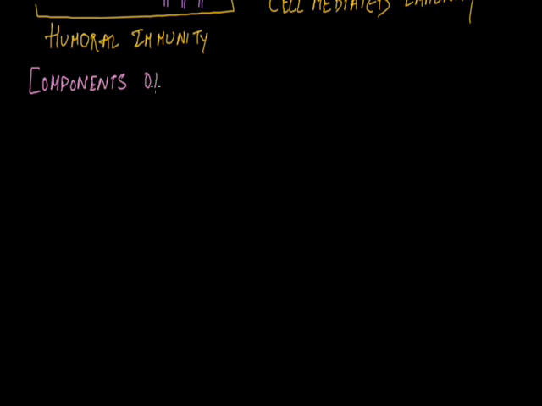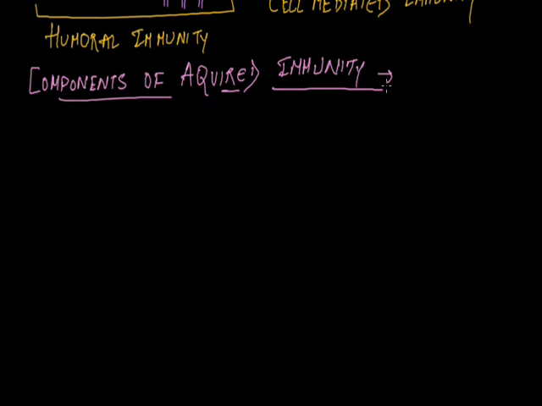Now we'll discuss one by one the next topic, components of acquired immunity. In this we'll study the two types of immunity. The acquired immunity has two components. The first one we are going to deal with is humoral immunity.